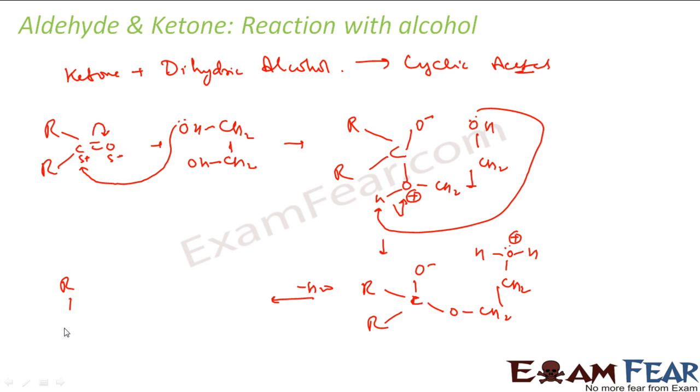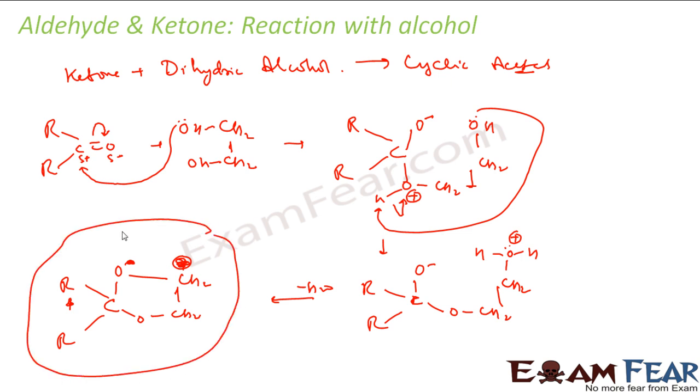So with this, what you get is this compound, CH2, and carbon gets a positive charge. Right? Carbon is positive, oxygen is negative, they will form a bond. And the charge will go off. And this is what you will get. This is a cyclic acetal.